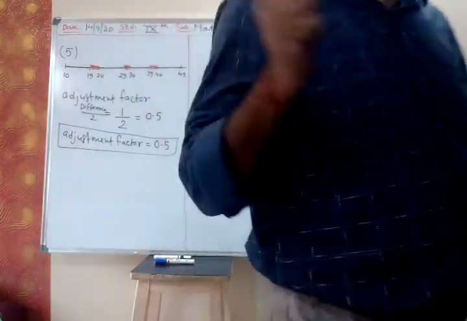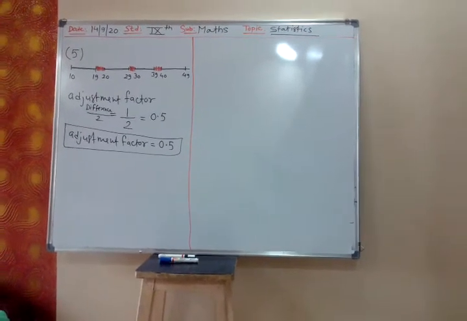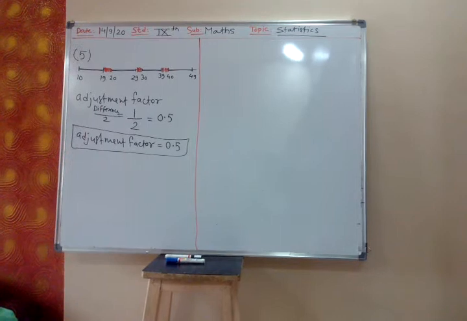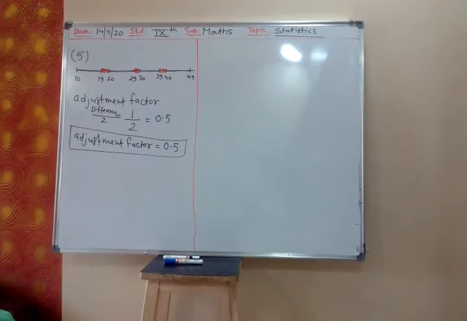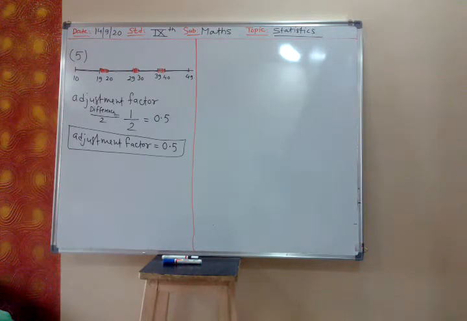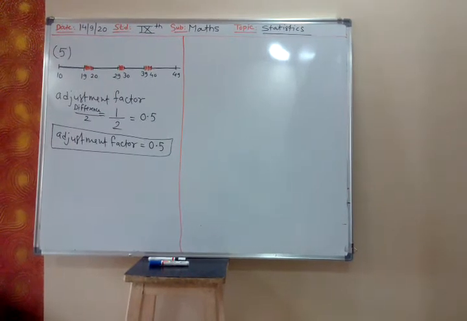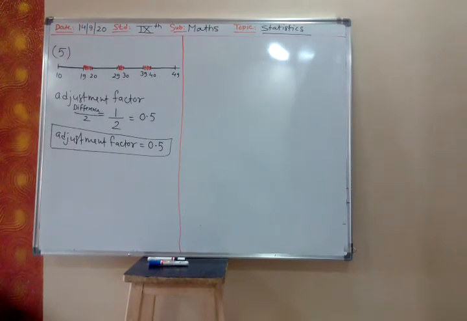It is not continuous because there is a gap between two consecutive class intervals. So our first job is to make it continuous. Without continuity, there will be a gap between two consecutive class intervals.